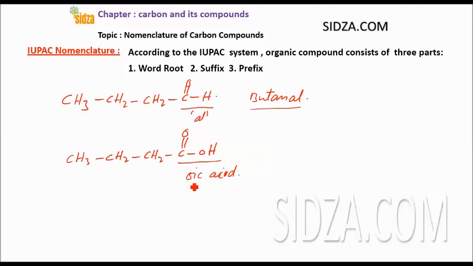We replace the E by -oic acid. How many carbon atoms? Again 4 carbon atoms. So it is butane, but replacing the E by -oic acid, it will become butanoic acid. Hope you got the concept. Thanks for watching the video. Bye for now.